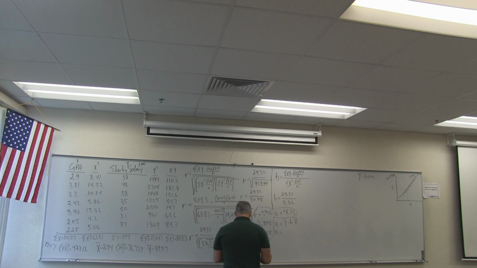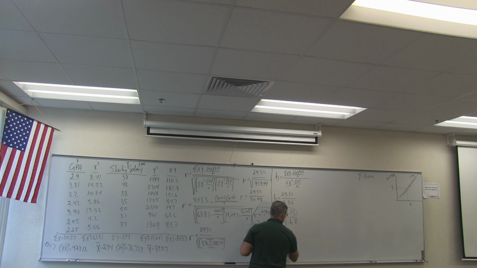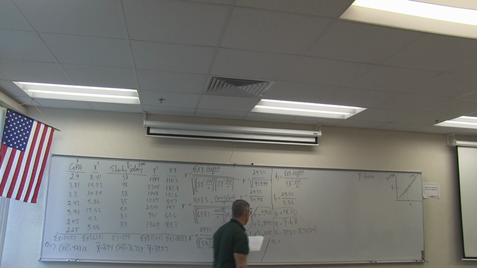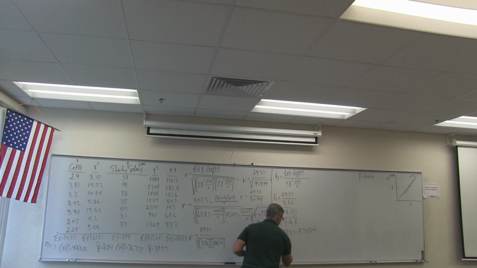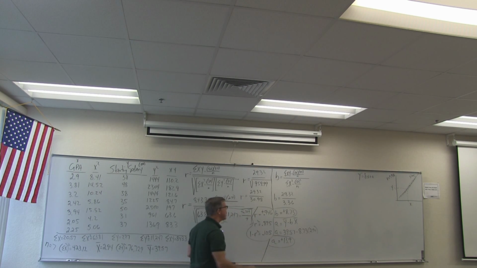Y-intercept is the mean of y, 39.57, minus the b we just computed, times the mean of x, 2.94. And if we run this equation through, we end up with an a of 13.9. Great. We have b and a.